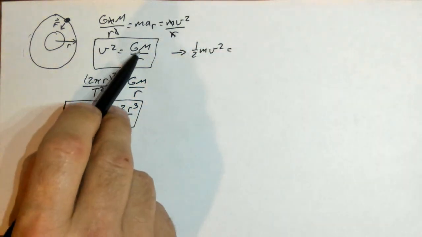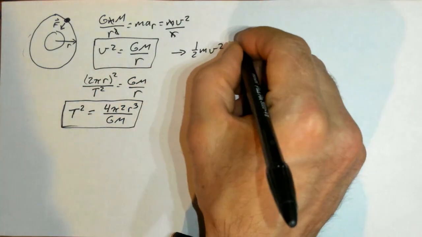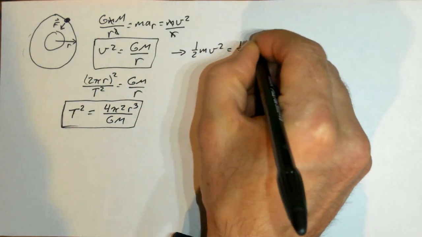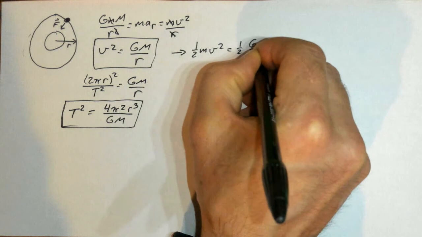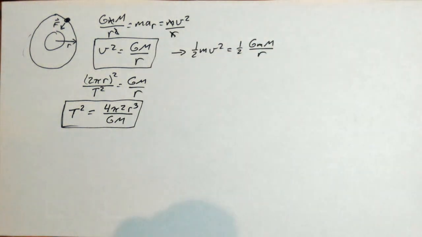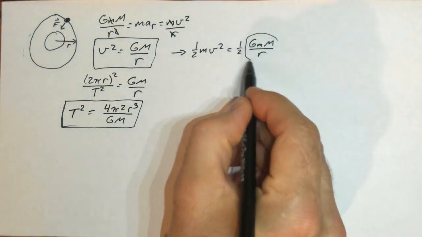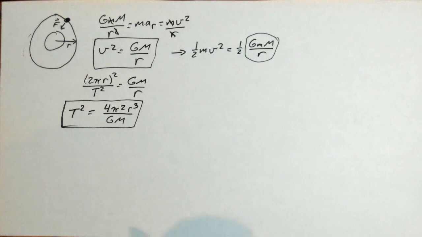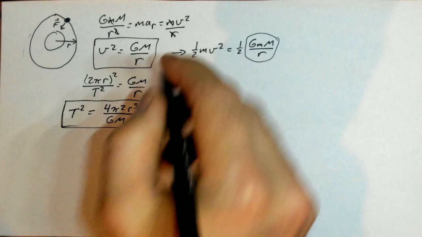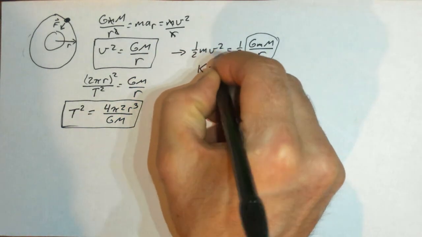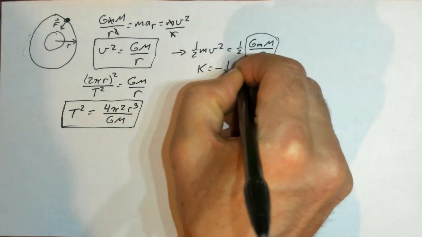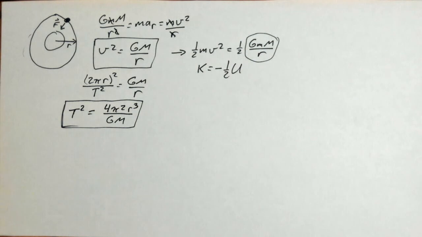Well, that's going to equal this times 1/2 m, which is 1/2, and I'll put the m inside that. But what is this? That is the negative of the potential energy. So what we're saying is that K is equal to a negative 1/2 U for gravity for a circular orbit.